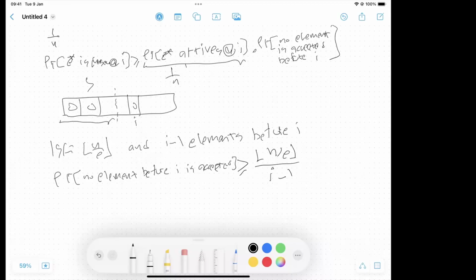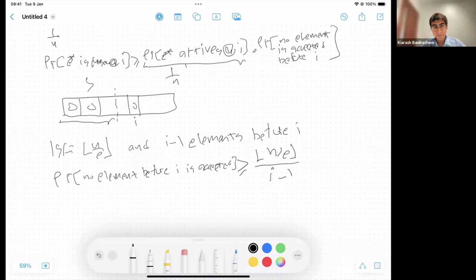If the maximum element appears there, then no element is accepted before I. As long as I look at the elements before I, I don't care about the ones after that for now, and the maximum of them appears in the sample set S, then I'm going to be fine.